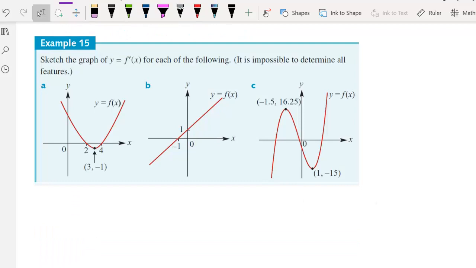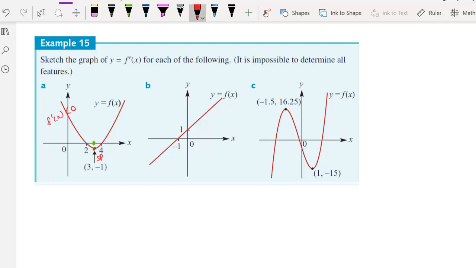So if we look at these 3 examples here, we'll try to draw on top of them what the gradient functions look like. So we know here we've got a stationary point. So straight away, this stationary point means we've got a 0. On this left-hand side, we have a negative gradient. So f'(x) is less than 0.